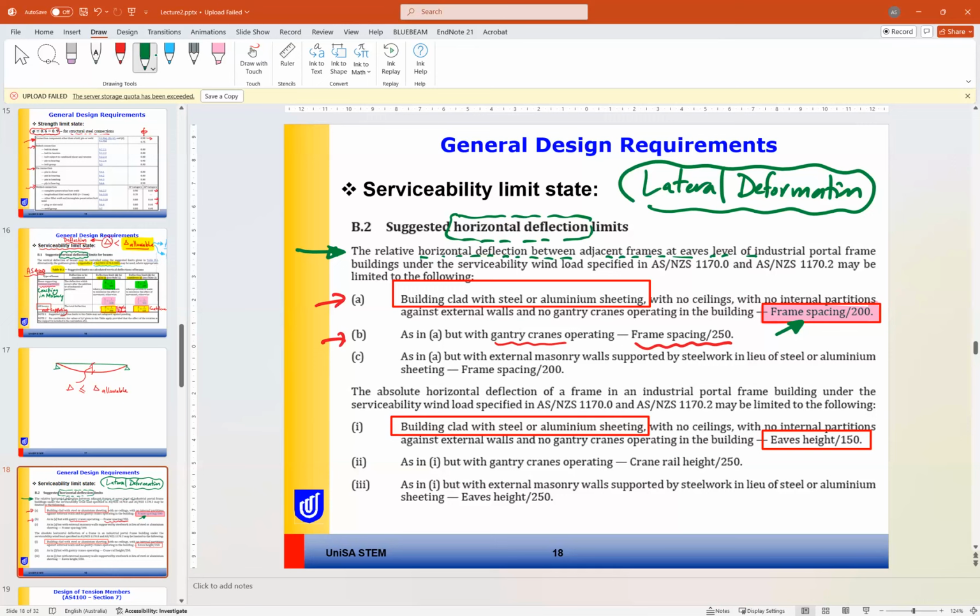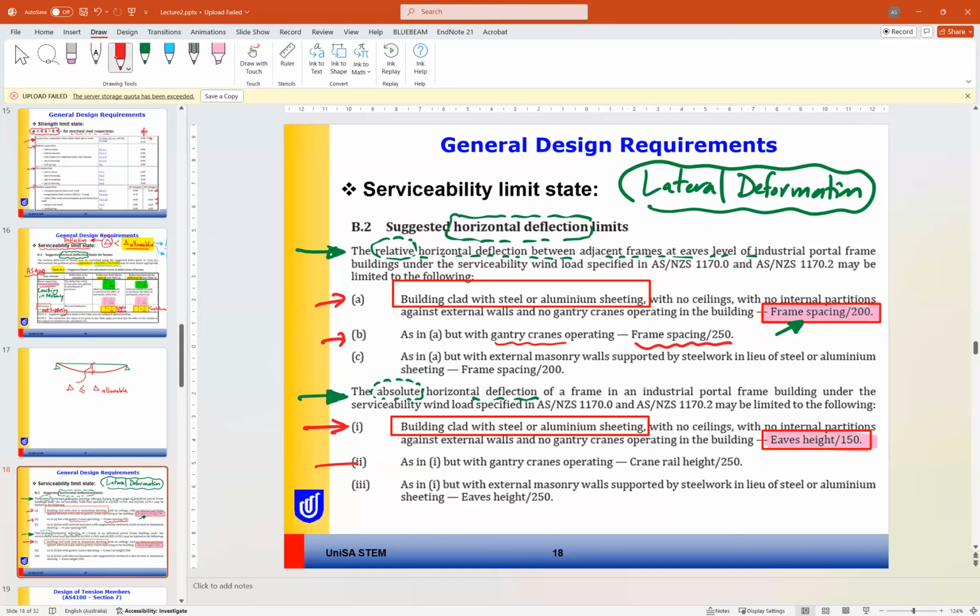Another criterion or limit for the deflection is the absolute. So here is the relative horizontal deflection, and here the absolute horizontal deflection of a frame shall be limited to the following. If it has no gantry, the limit is eaves height over 150.